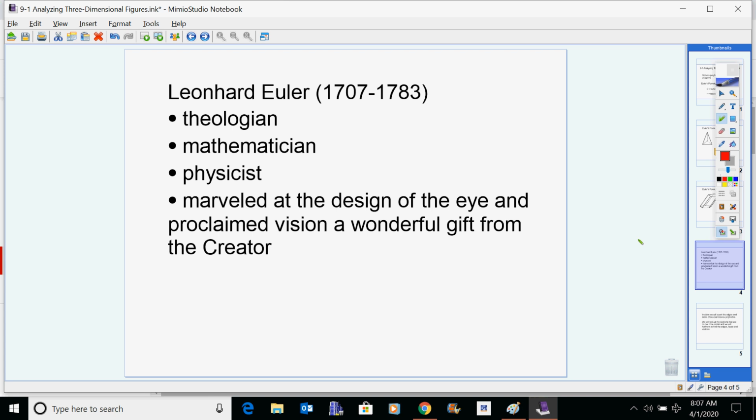He was a theologian, with a very strong belief in God. When he would talk mathematics and physics, he was a brilliant mathematician and physicist. You might read that a lot of the applications he developed for algebra are still used today.